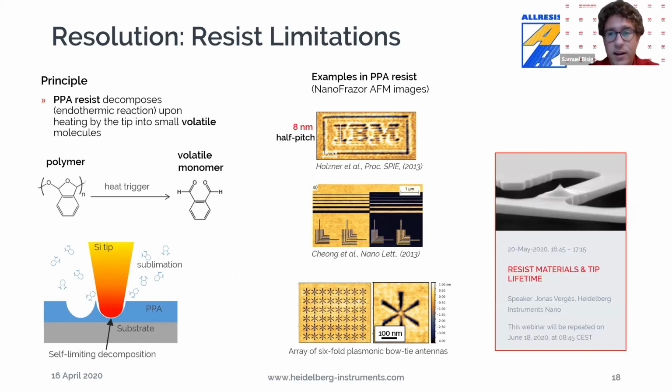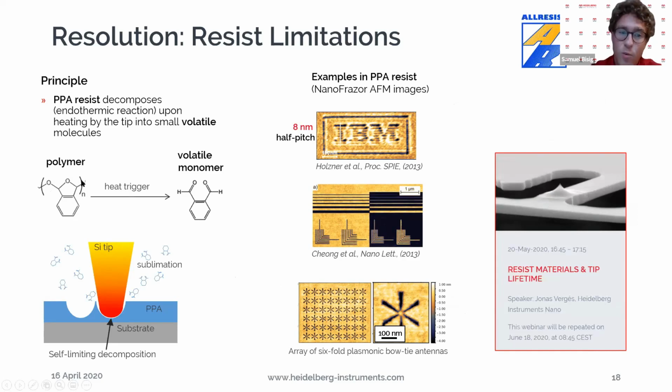We collaborated and commercialized this resist together with our supplier Allresist. The cool thing about this polyphthalaldehyde, or PPA, as we call it, is that it comes from its polymer state in the solid state, and once you induce the heat trigger, it directly decomposes into its monomer, in a non-zipping fashion.